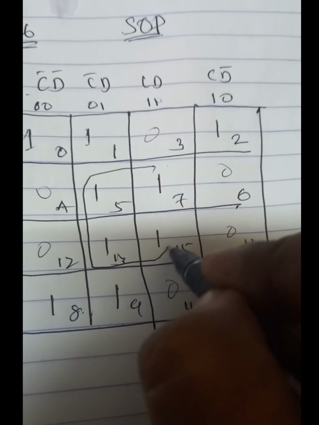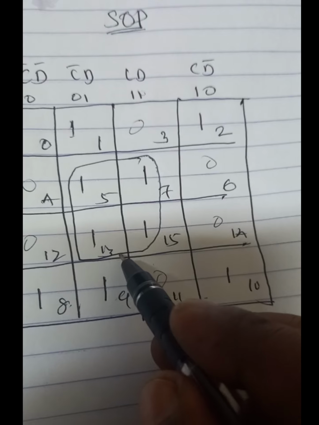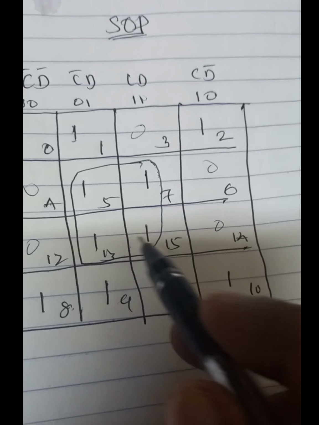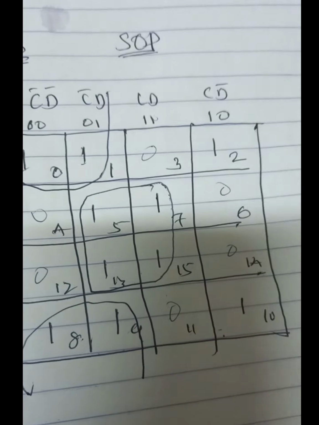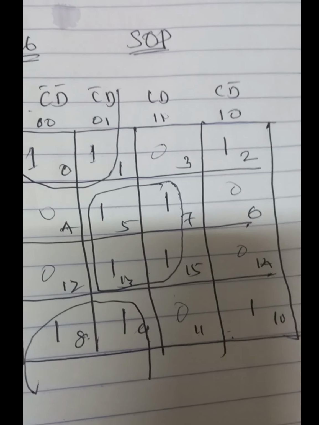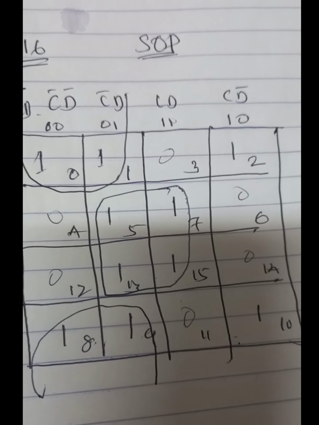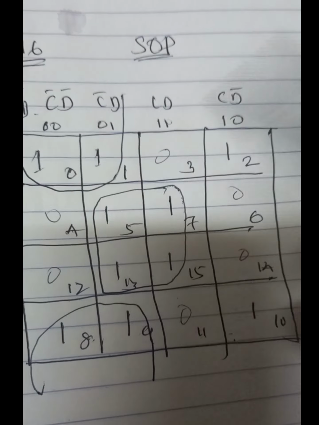Here it is possible to group 4 cells that are adjacent to each other, and this one is considered a quadrant. Also, these 2 cells are adjacent to each other, and these 2 cells are adjacent, because we can make a grouping with the help of the folding technique. If you fold this, these 4 cells are adjacent to each other.